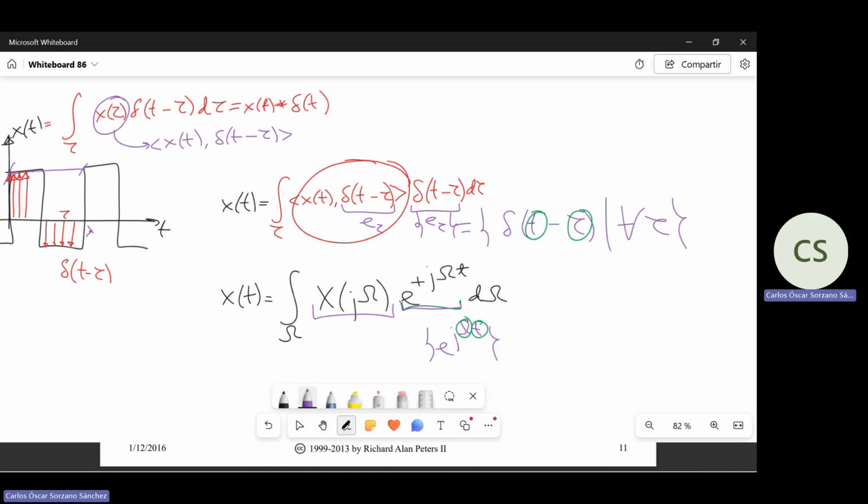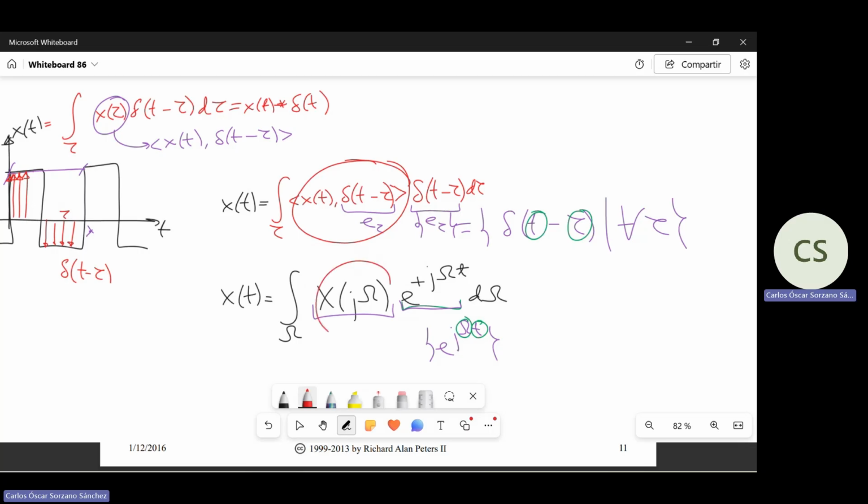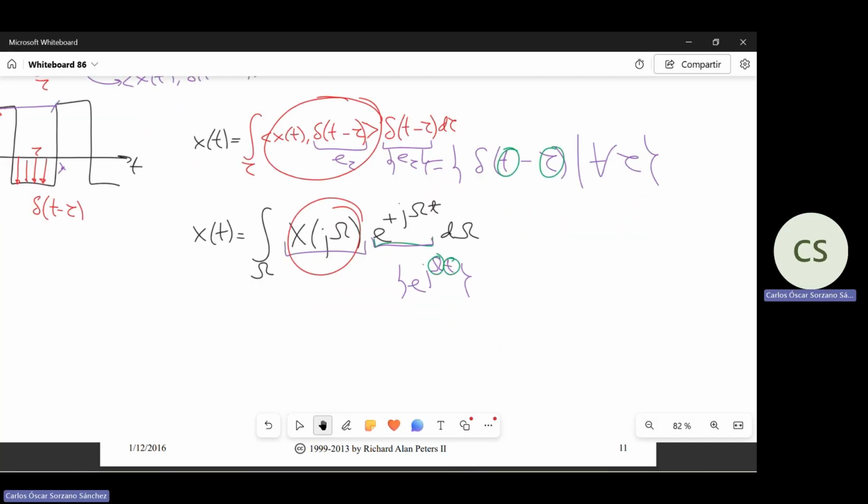It is the same kind of coefficient we had here: how much you have to multiply this to recover the original vector. And this has to be the inner product between the two. So if this is true, this is equal to the inner product between x of t and the basis function.